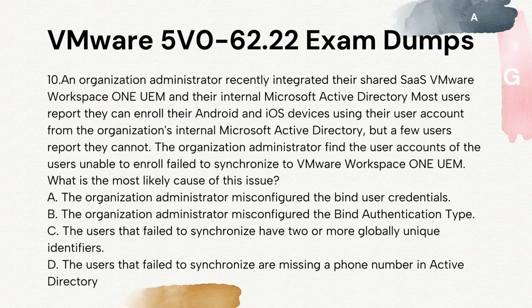What is the most likely cause of this issue? A. The organization administrator misconfigured the bind user credentials. B. The organization administrator misconfigured the bind authentication type. C. The users that failed to synchronize have two or more globally unique identifiers. D. The users that failed to synchronize are missing a phone number in Active Directory.